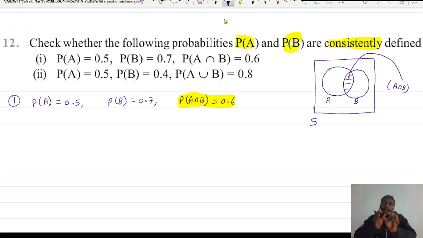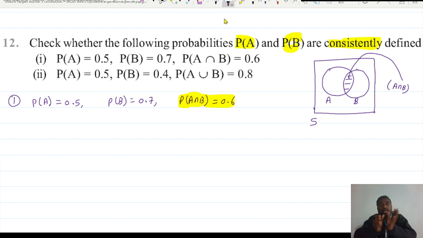Because A intersection B is the common value of A and B, how can it be greater than A? It comes from A only, because it is a part of A. At maximum it can be equal to A, but it cannot be greater.